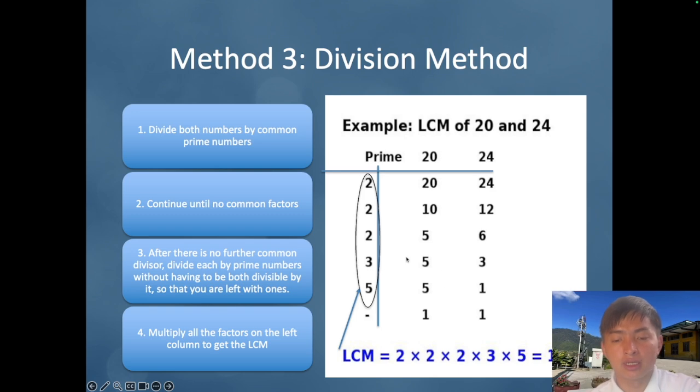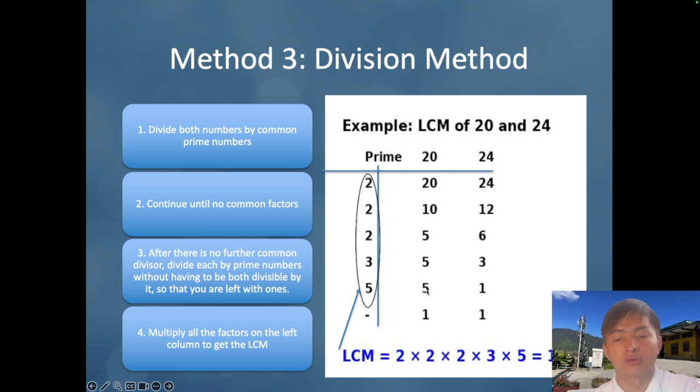And then in the next line here, you'll see that 5 and 3 are both prime numbers, and now they are not divisible by any common factors, but they are divisible by themselves. So first we'll divide by 3, 5 remains 5, 3 divided by 3 is 1.